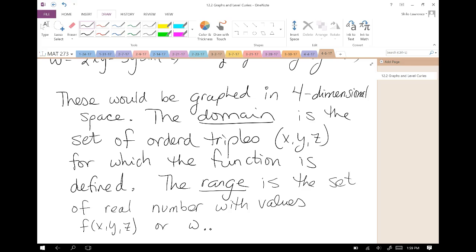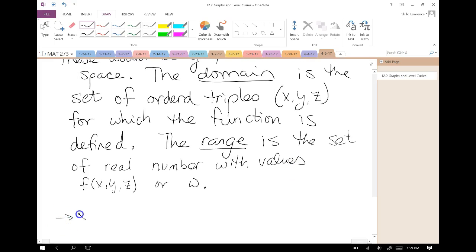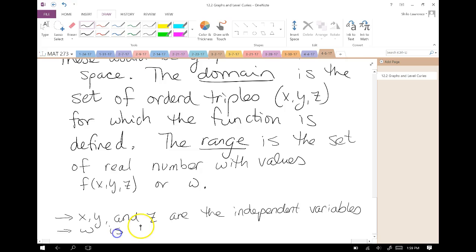So there's only one set of numbers for our range. x, y, and z are the independent variables. W is the dependent variable.